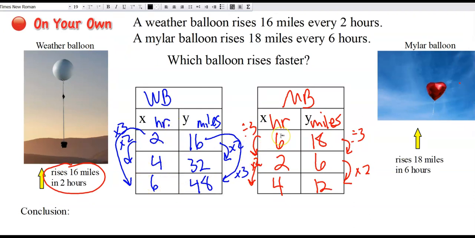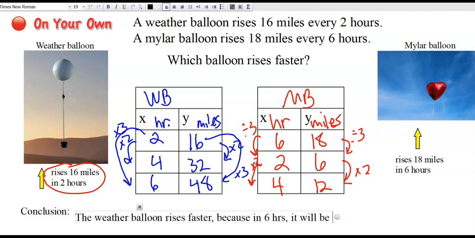Okay, so now I can already see that the weather balloon, so I'm looking at my table, I look at the 6 there, I look at the 6 there, probably didn't need to go any further in the Mylar balloon table, but I'll say the weather balloon rises faster because in 6 hours it will be 48 miles high, and the MB, Mylar balloon, will only be 18 miles high.